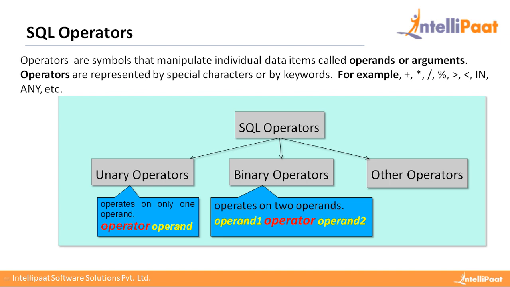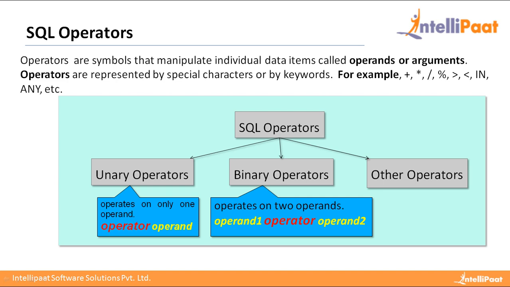Operators are the symbols that manipulate the individual data items called operands or arguments. Operators are represented by special characters or by keywords. For example, plus, star, forward slash, etc., in and any. Basically, SQL operators are categorized into different types.